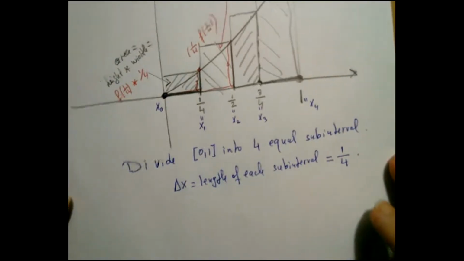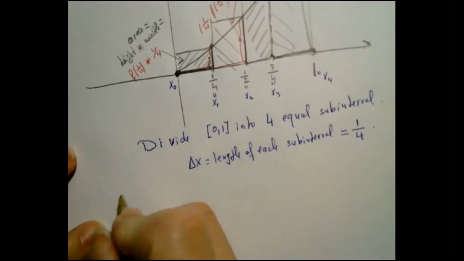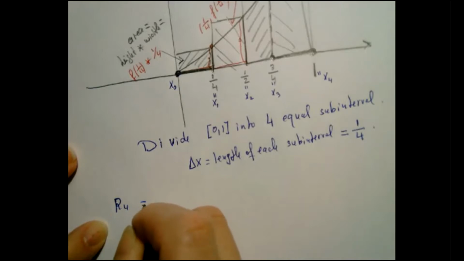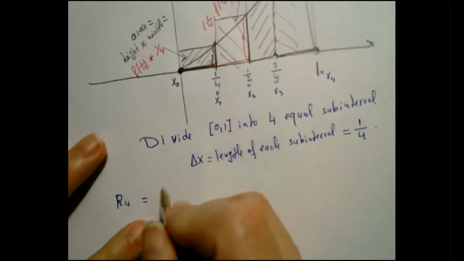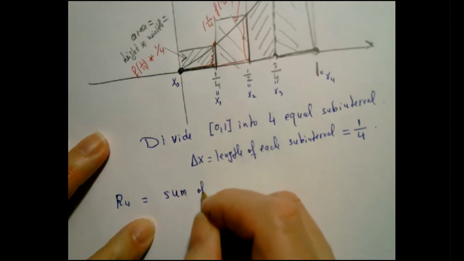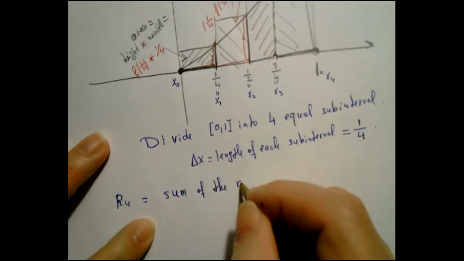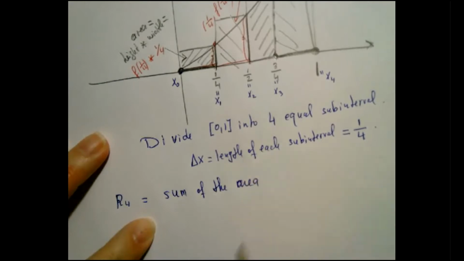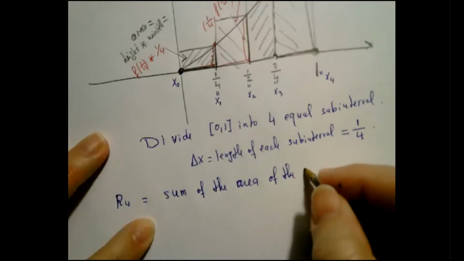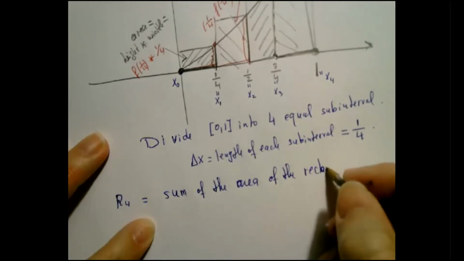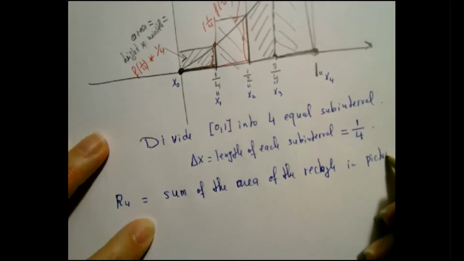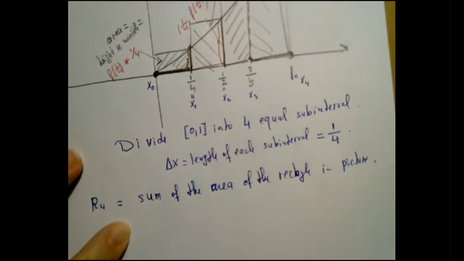Now we're going to call R4 the sum of the areas of the rectangles in the picture. So let R4 be that.